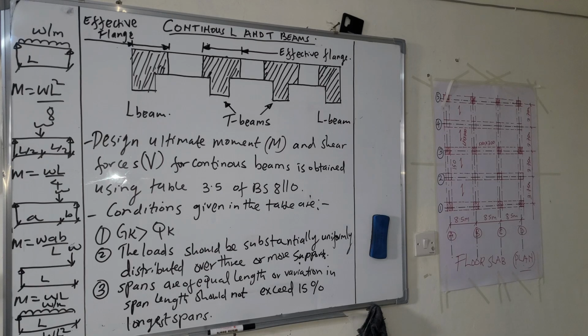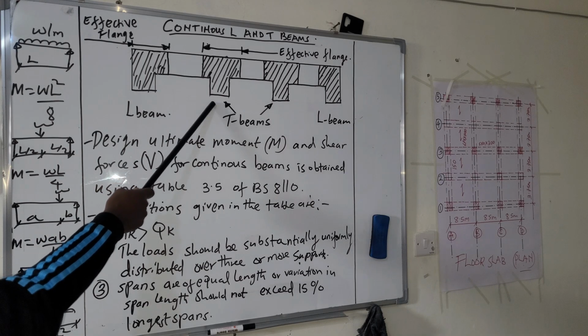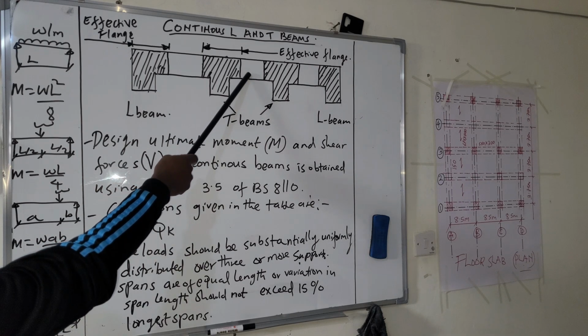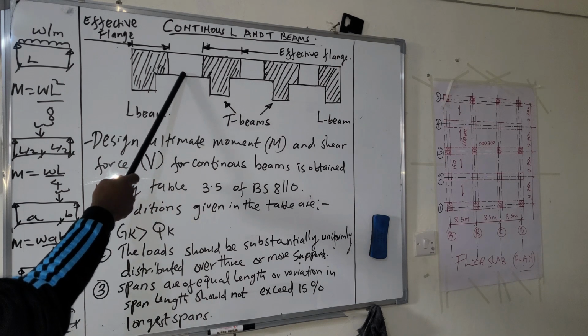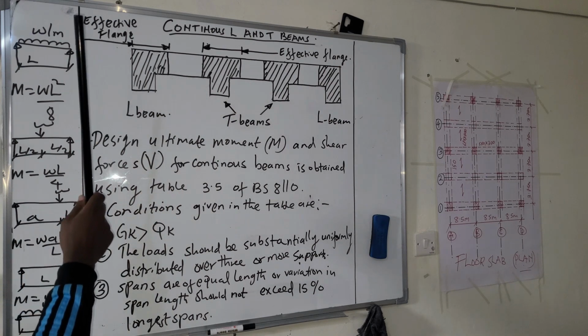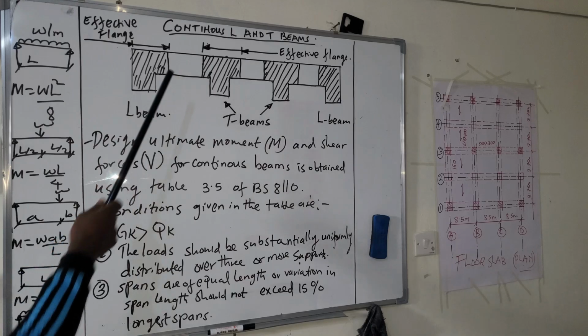So a T-beam supports both sides of a slab. As you can see, this is a T-beam. It supports on this side and also on this side. An L-beam supports on one side only, on one side of a slab.